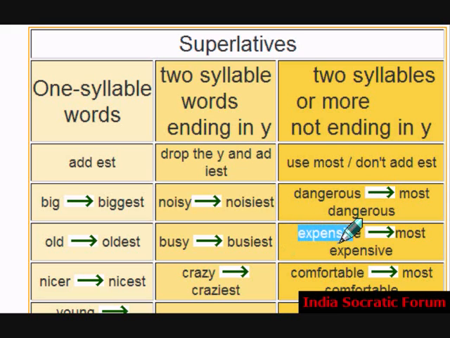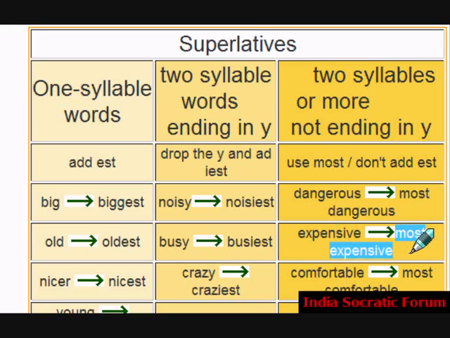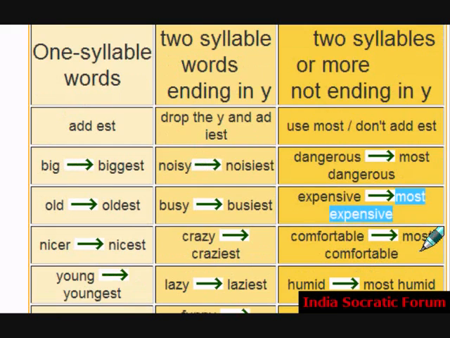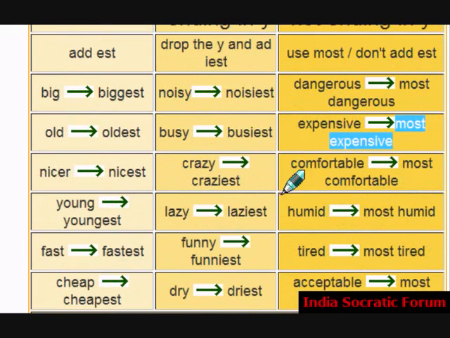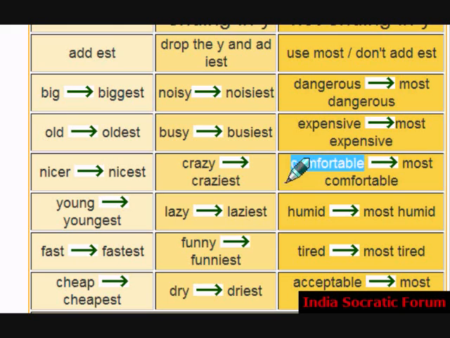For the word expensive, expensive. Three or four syllable word, right? Most expensive is the superlative form. We use comfortable. Comfortable. Four syllable. The superlative form is most comfortable.